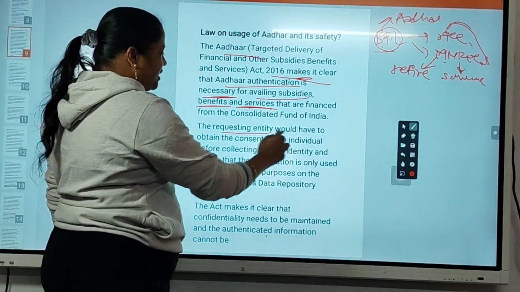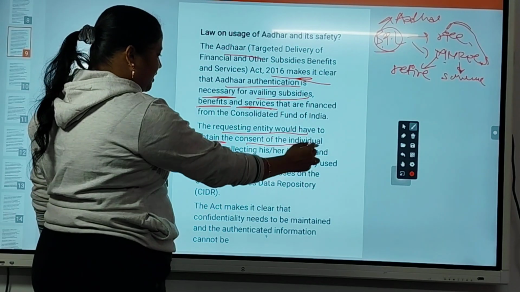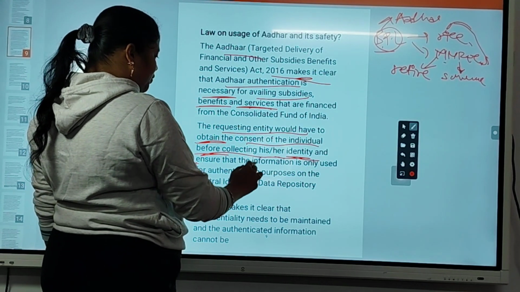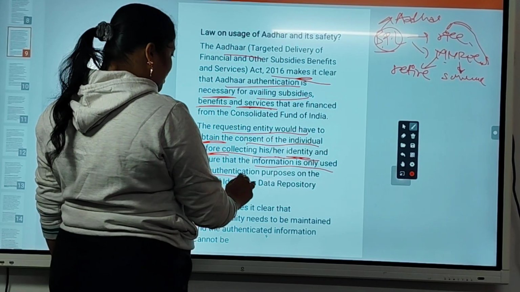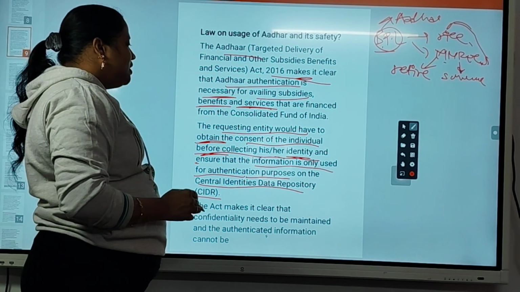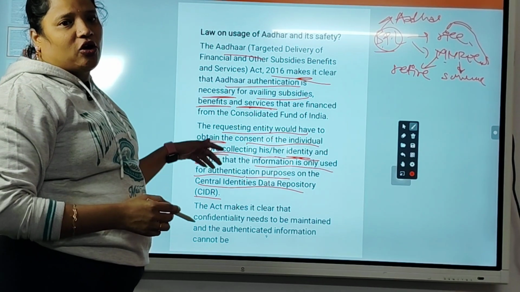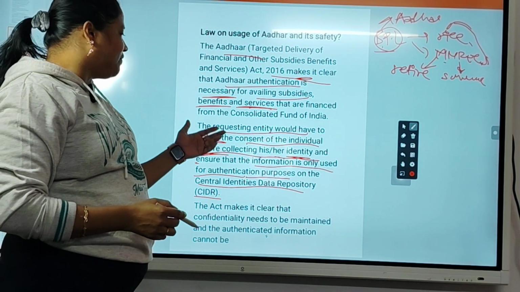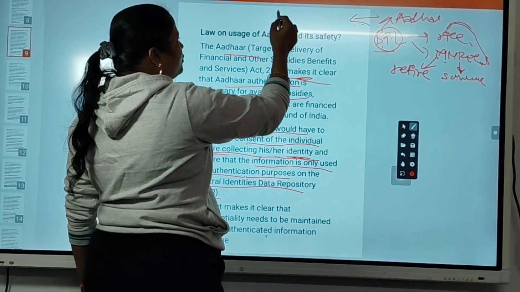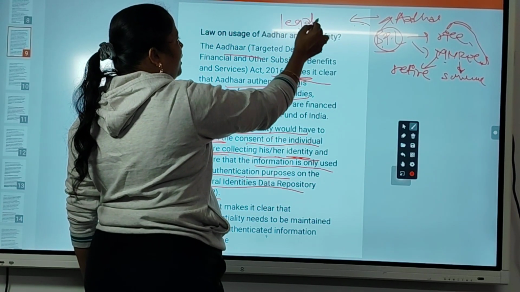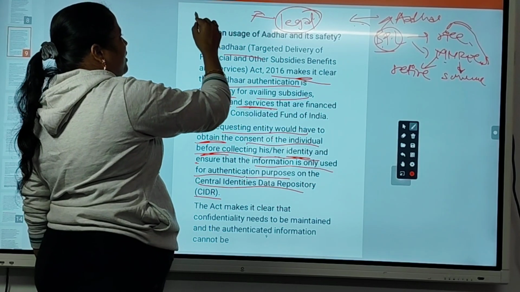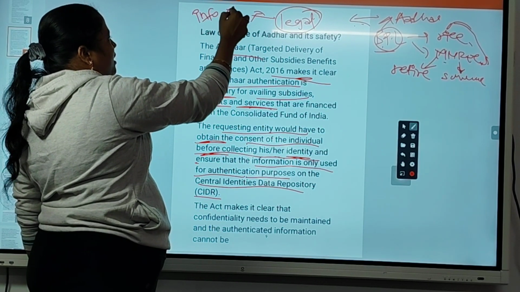The requesting entity would have to obtain the consent of the individual before collecting his identity and ensure that the information is only used for authentication purposes on the central identities data repository. So whatever organization, government organization or entity requesting other information of a person must ensure it is used for legal purposes only. It is not used illegally, and his information should not be revealed outside.